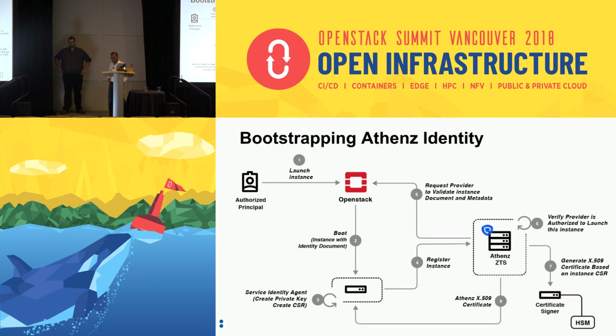So let me talk about how we bootstrap Athenz identity in OpenStack. You have an authorized principal who tries to bootstrap an OpenStack instance using a Nova command. Prior to that, the principal has to create the Athenz domain, define the service, and also authorize OpenStack to launch that particular service.